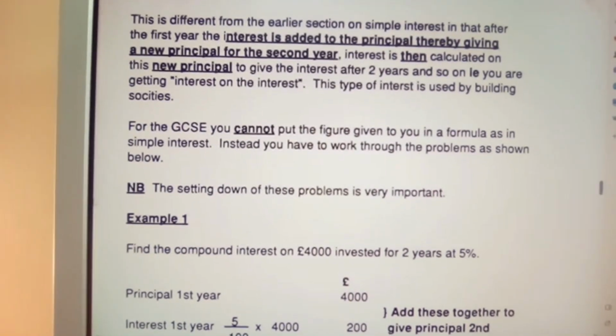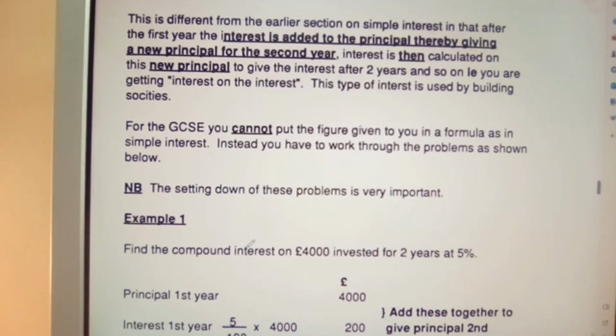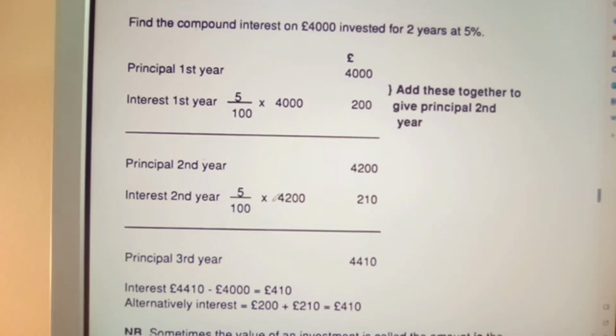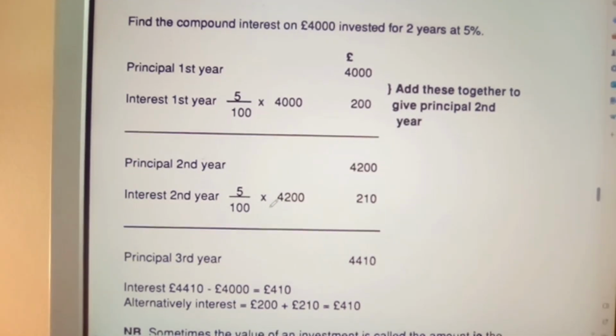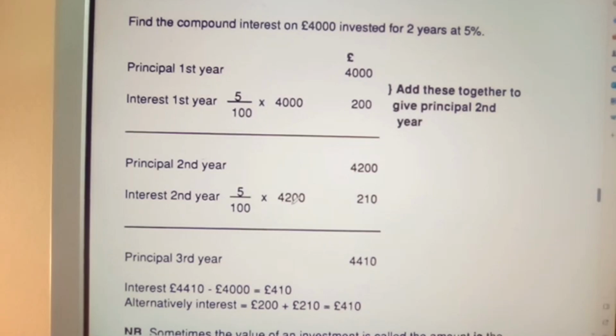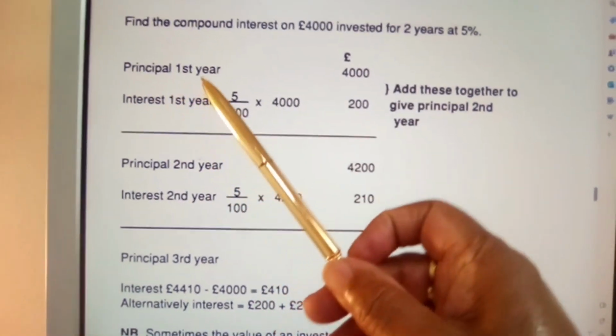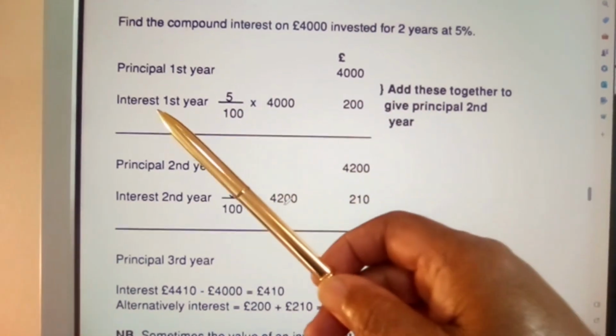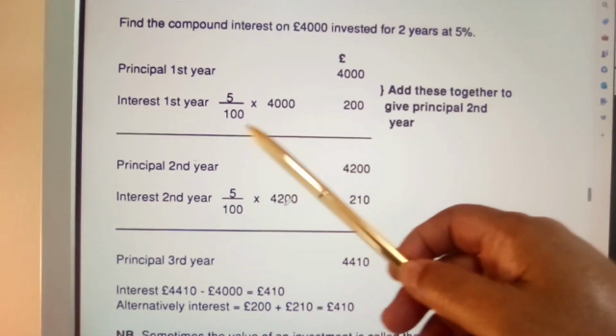So let's have a look at that. The setting down of these problems is very important. Example 1. Find the compound interest on £4,000 invested for 2 years at 5%. The principal, first year, £4,000. Interest, first year, £200.